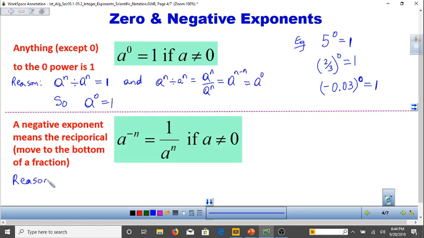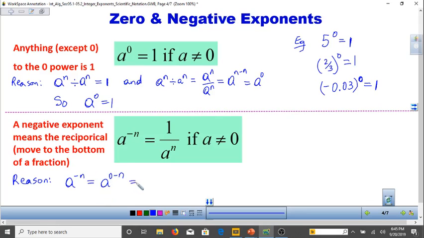Well, let's see what a to the negative n really means. A to the negative n is really a to the 0 minus n. Negative n is just 0 minus n.